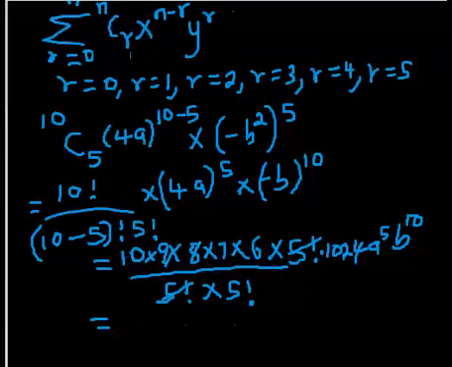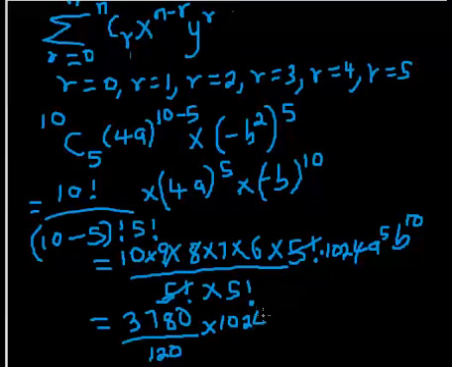Let's do that. 10 times 9 times 8 times 7 times 6 gives me 30240, then divided by 5 times 4 times 3 times 2, that's 120, then times 1024, a raised to the power of 5, b raised to the power of 10.